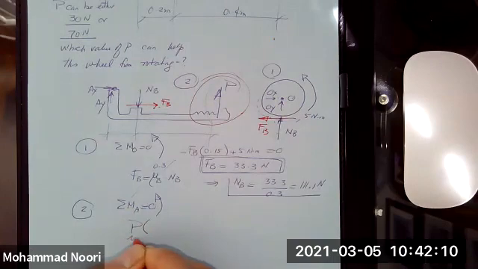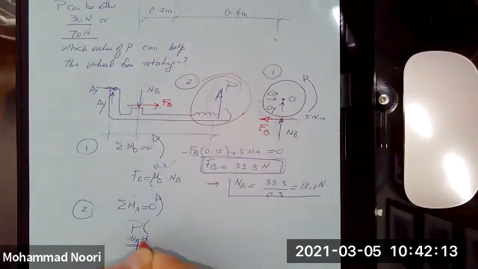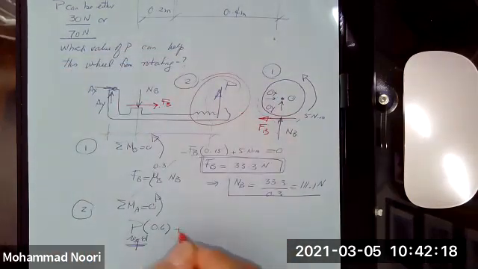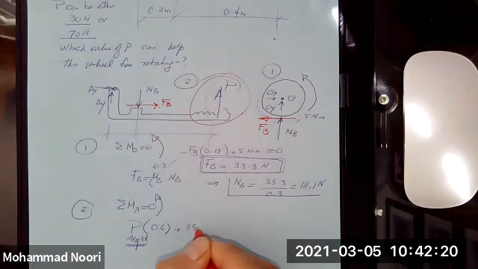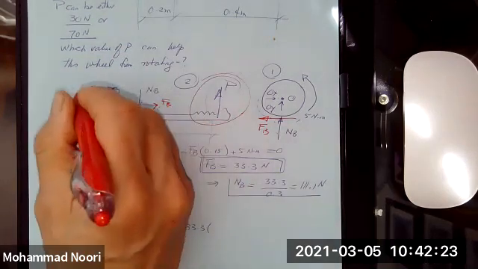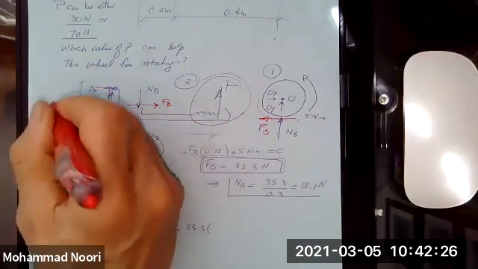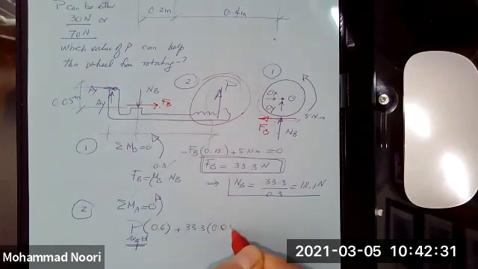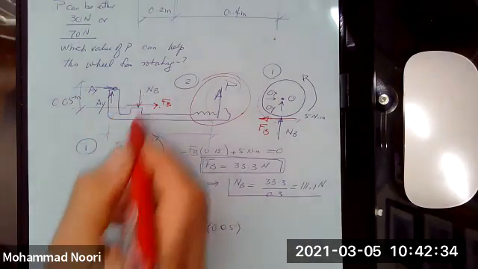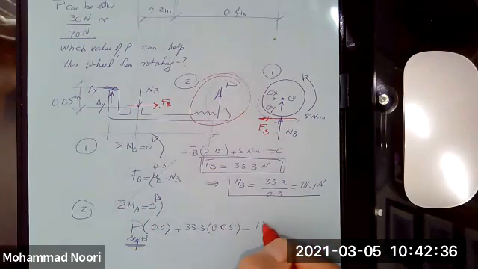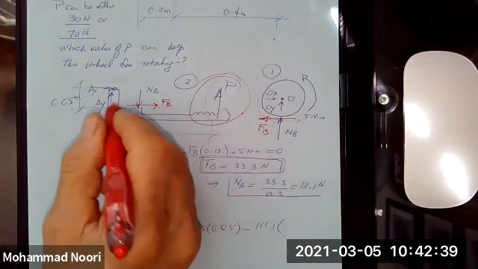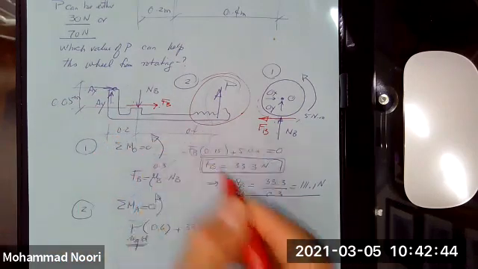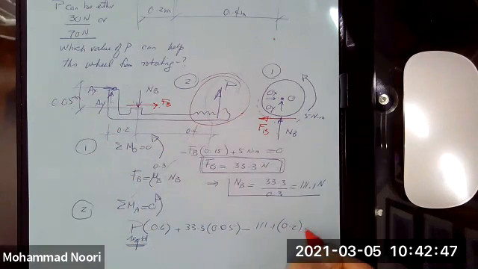P, which is the required P to keep this in equilibrium, times 0.6, plus FB, which is 33.3, times this given distance, 0.05 meters, negative NB, which is 111.1, times this distance, 0.2, is equal to 0.